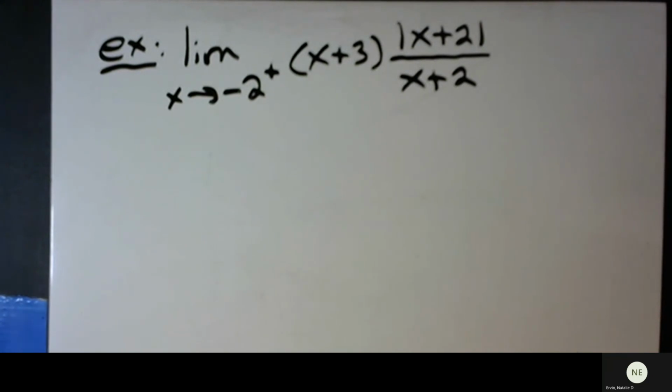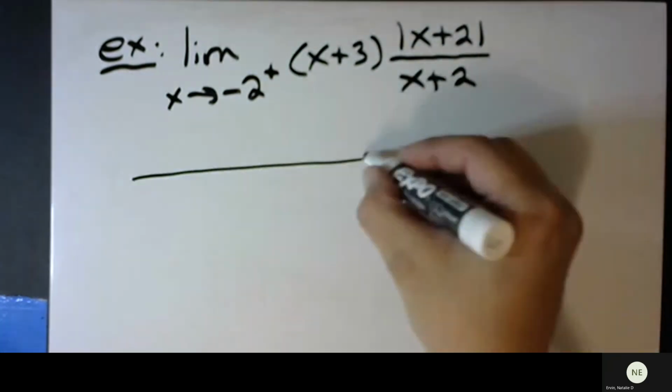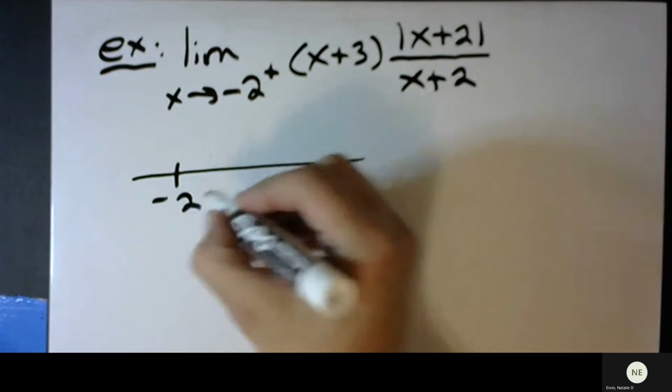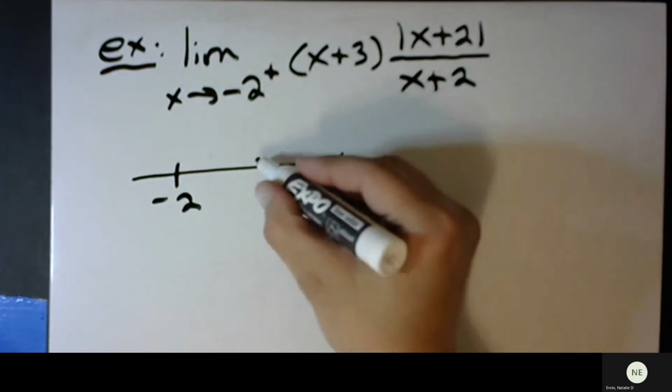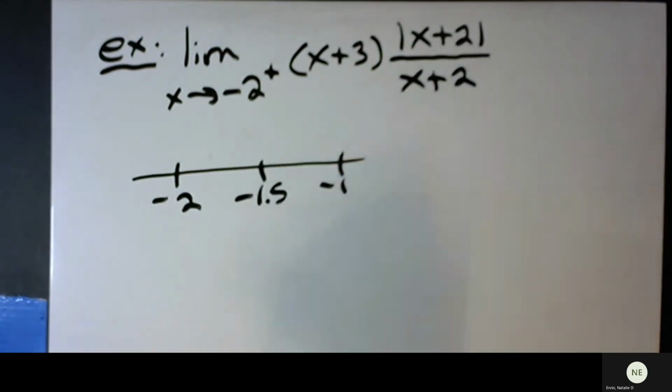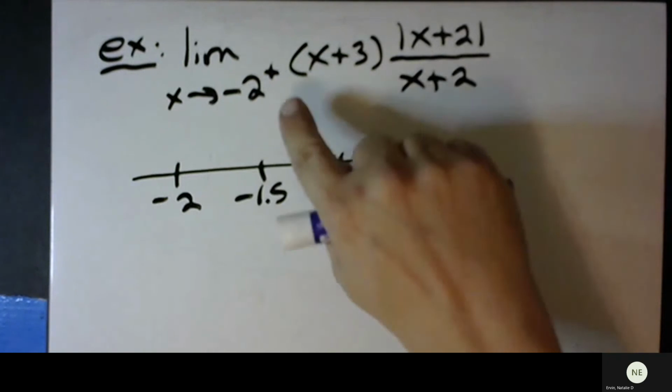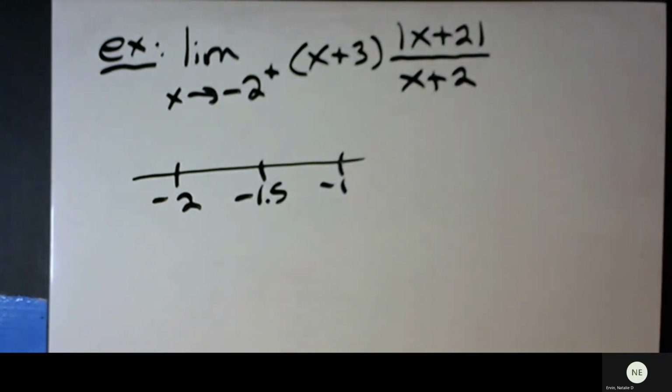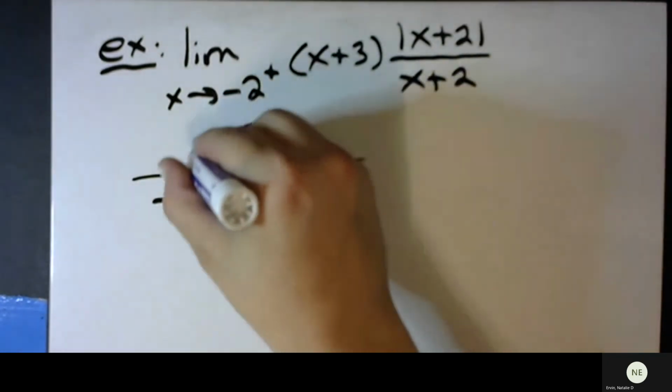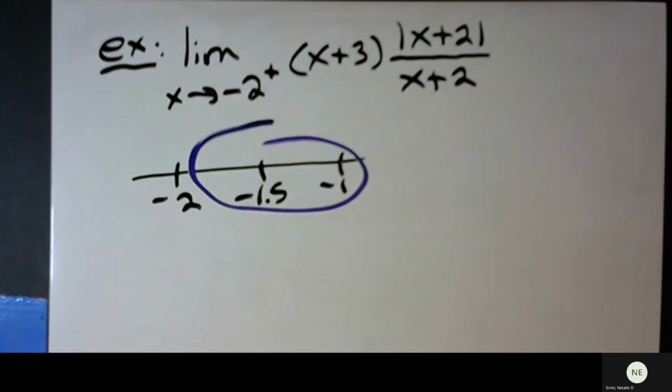So now, here's our -2. Here's -1, -1.5. Now we're dealing to the right. So we're talking about this.